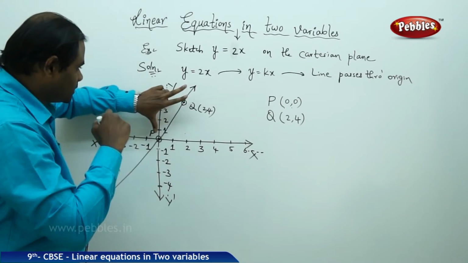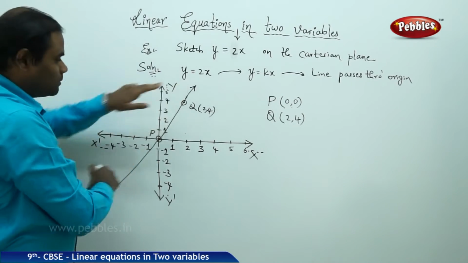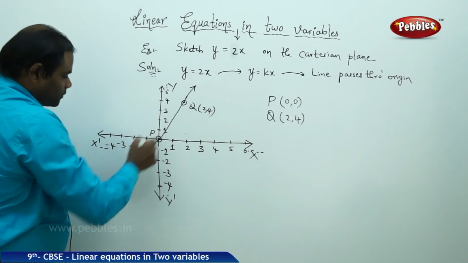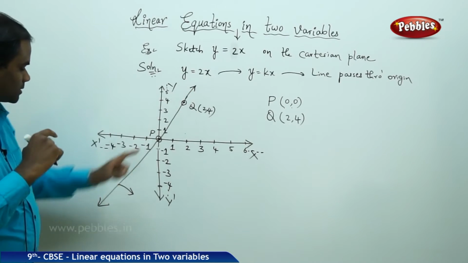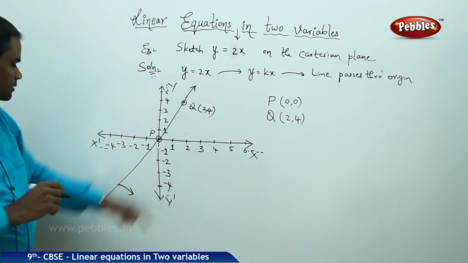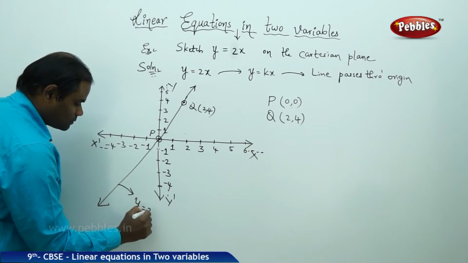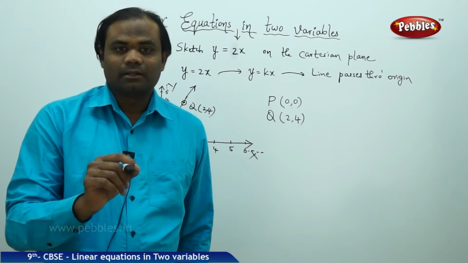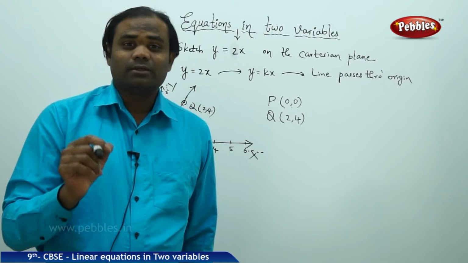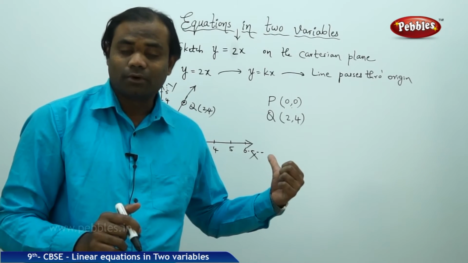And when a ruler is taken and you draw a line, it passes through P and Q, and we obtain this line. And this line, as it is represented by the arrows, is nothing but the line y equals 2x. And importantly, this line expressed in the form y equal to kx passes through the origin.